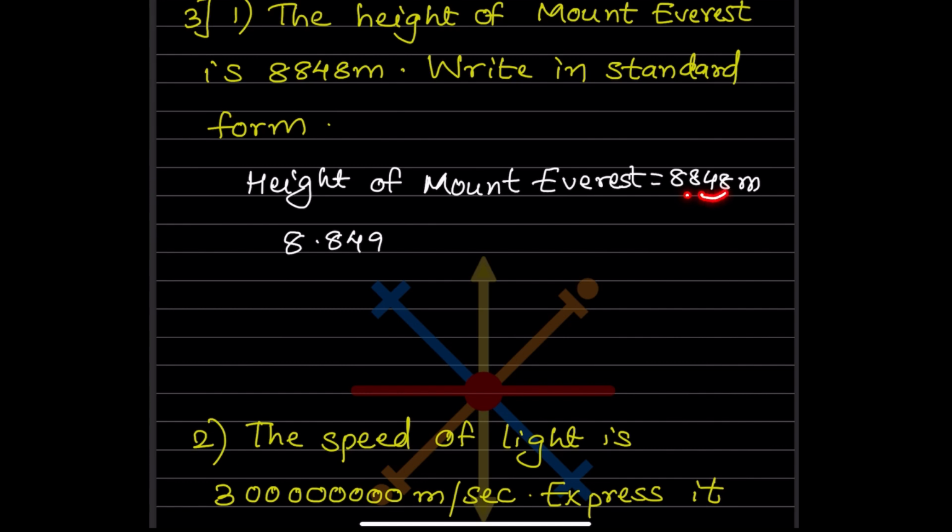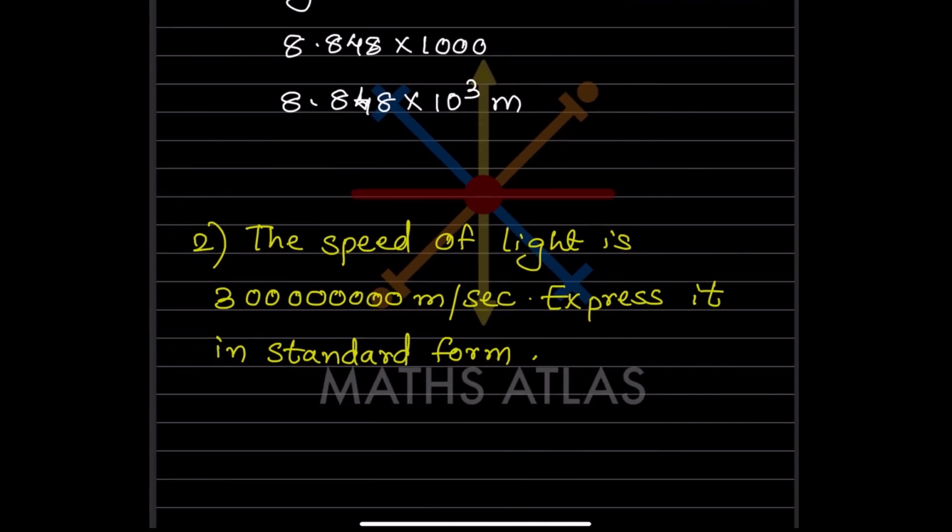After that we have three numbers, so you are going to multiply by 1000, means you are going to put three zeros. So you can also write this one as 8.848, sorry, this is 8 and not 9, into 10 raised to 3, and that is in meters. So this is the answer.